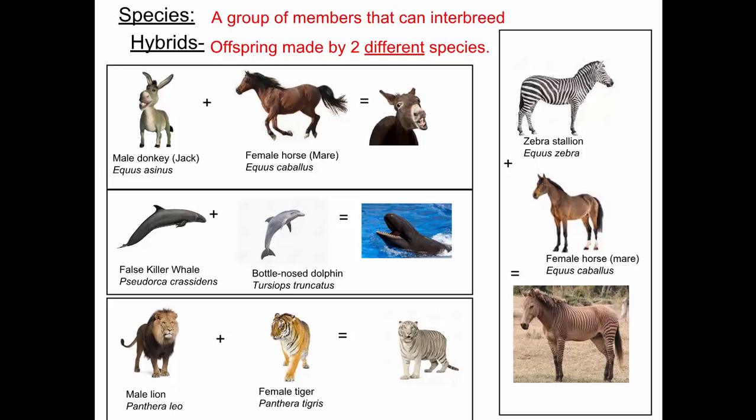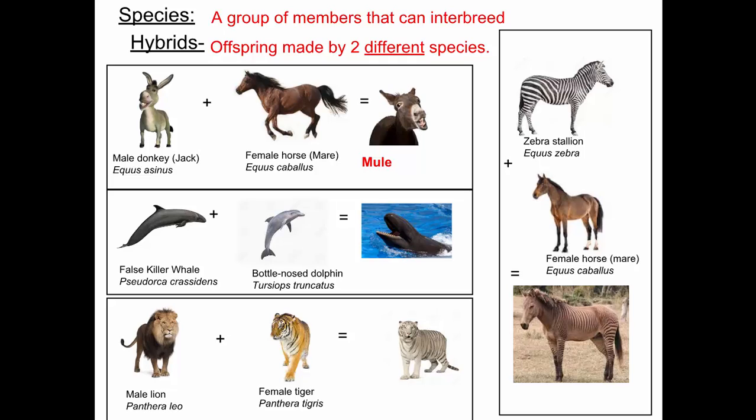Maybe. So probably the most common hybrid that you may have seen before is this one. If you take a male donkey and a female horse, they can produce a mule. A mule is a hybrid animal.